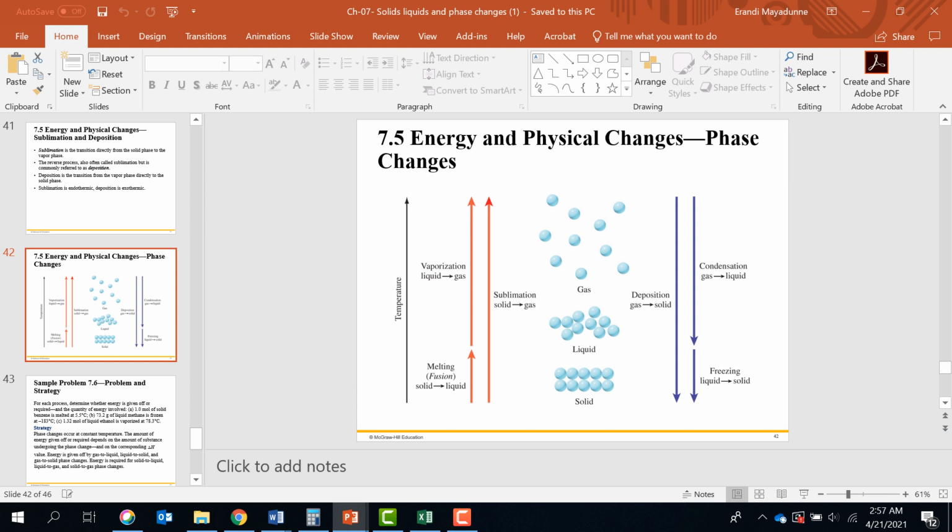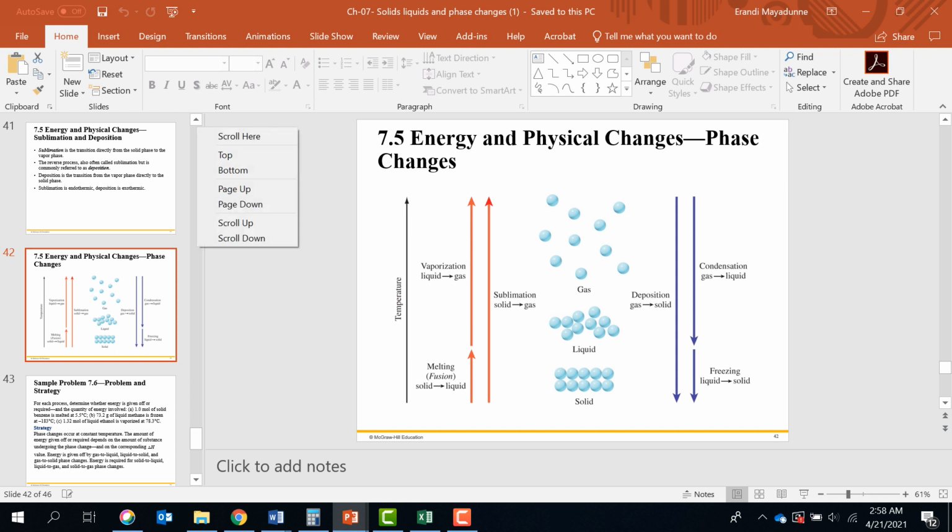So in all these processes the temperature is going down. All these, the blue color processes, are endothermic, while the red color processes are exothermic. So think about melting, solid becoming liquid: you need to provide energy.